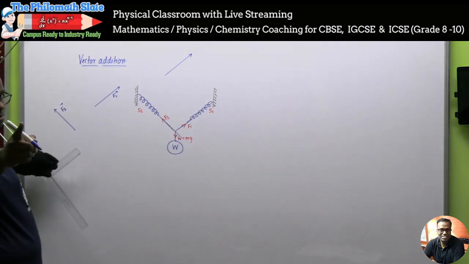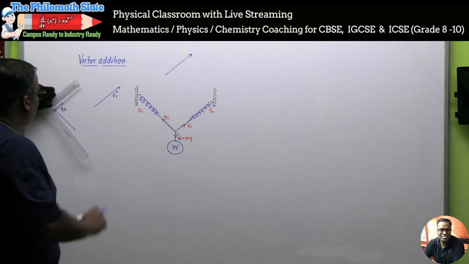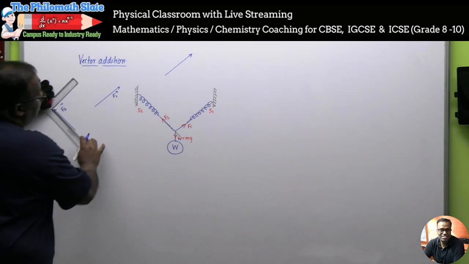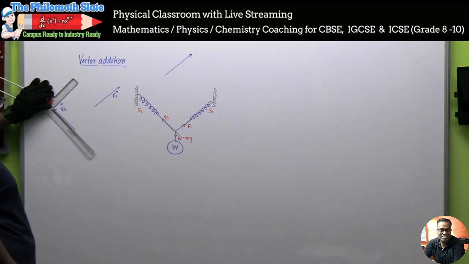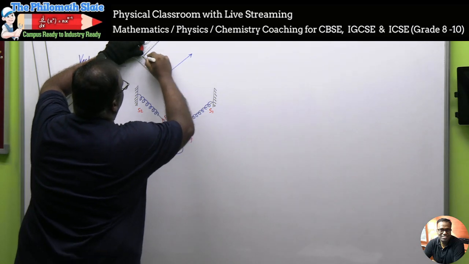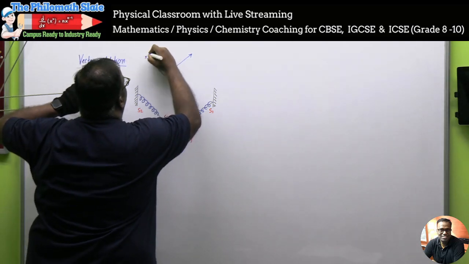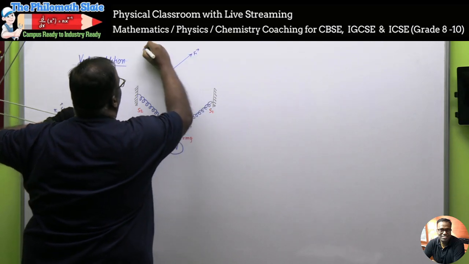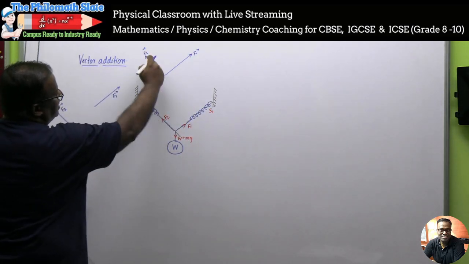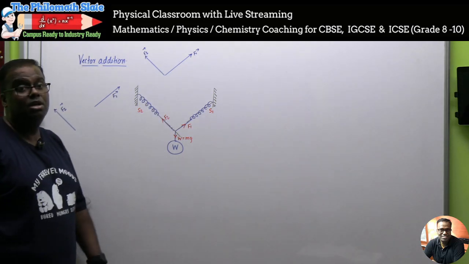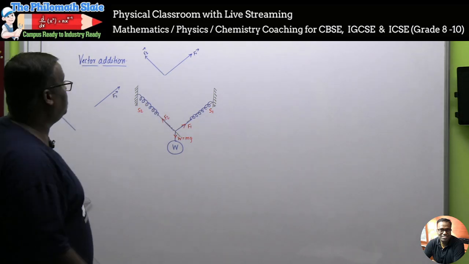We'll use the parallelogram law. What does the parallelogram law tell me? The parallelogram law tells me to join the two tails together. So I bring F2 and draw it exactly here. This is, say, my F2. How many of you have understood? I just parallelly translated F2 from here to here, and F1 from here to here. Okay? The next step was to complete the imaginary parallelogram.